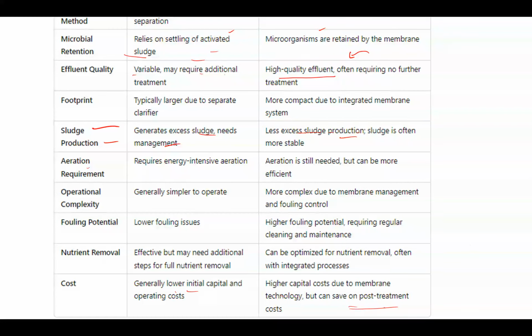So activated sludge is not that costly, but MBR is costly because of the membrane parameters that we have to fabricate, and then we have to optimize the membrane. Optimizing the membrane is a critical parameter: how much thickness we need for the membrane reactor to work. And that thickness will vary according to the concentration of wastewater that you are processing. That is also important.